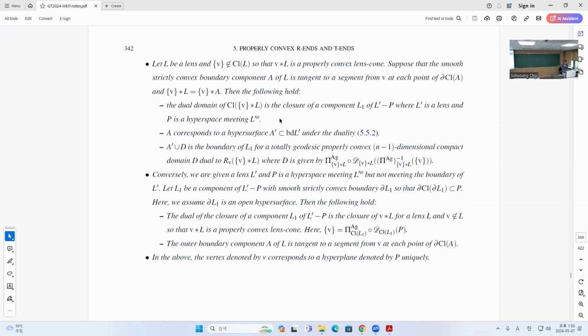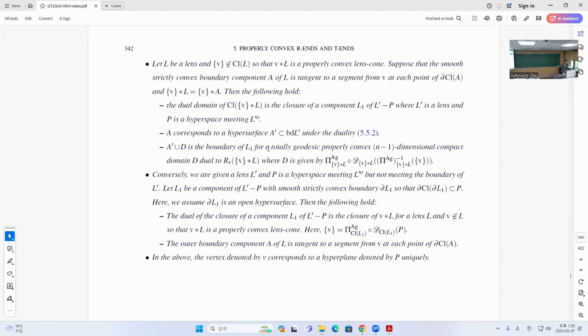Then the dual domain will be some cross-over component of some lens with the hyperplane passing through it. And A corresponds to some hypersurface in one of the boundary, and A union D is a boundary of L1 for some totally geodesic n-1 plane domain D due to this RB part.